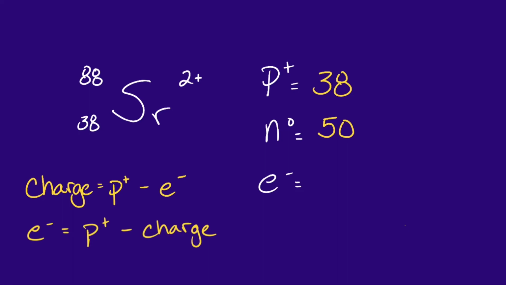So my electrons are going to be my number of protons, so in this case 38, minus my charge of positive 2 or 2 plus, and 38 minus 2 is 36.